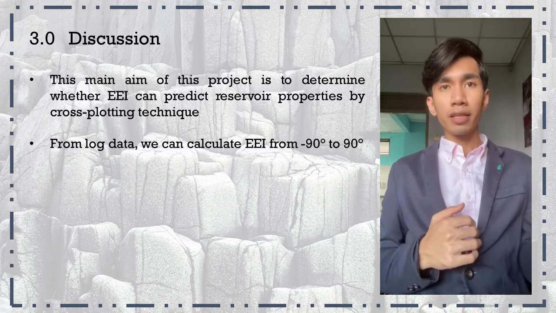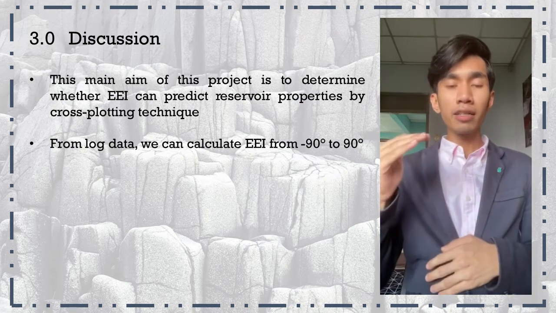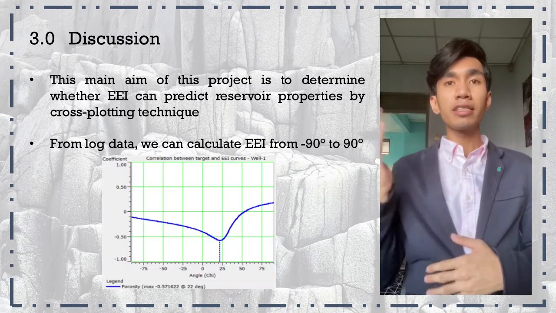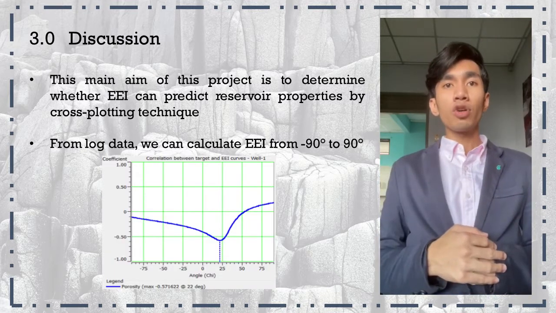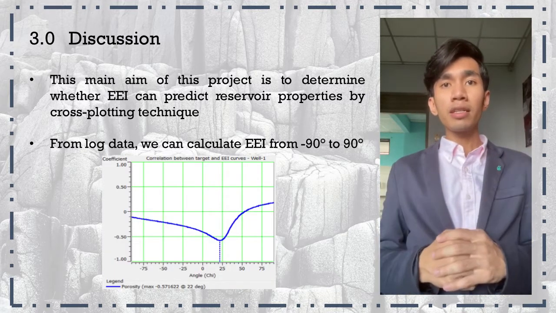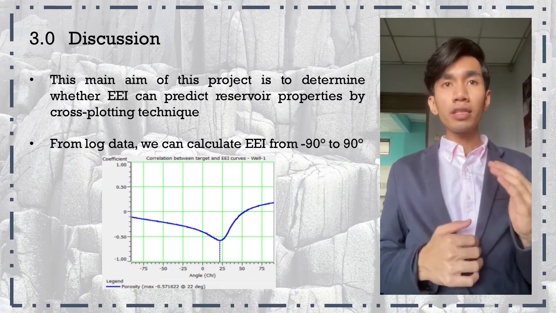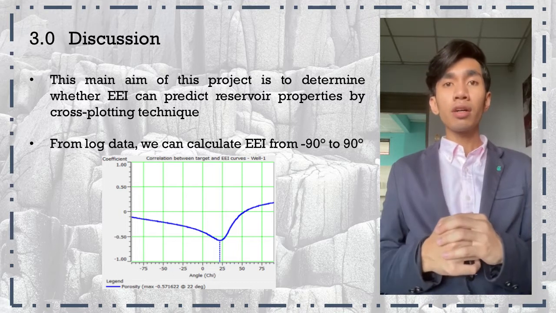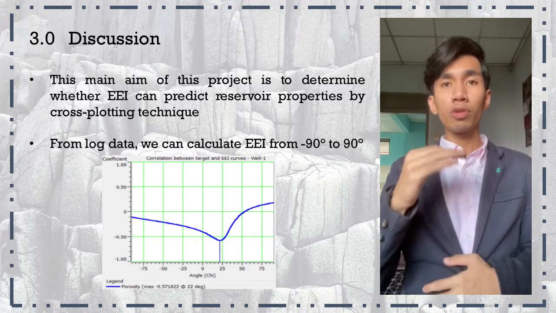From the log data, we can calculate the EEI from negative 90 to positive 90. As you can see in this diagram, to get the optimum chi-angle, we take the highest value of the correlation coefficient, which is approximately around 22 degrees.